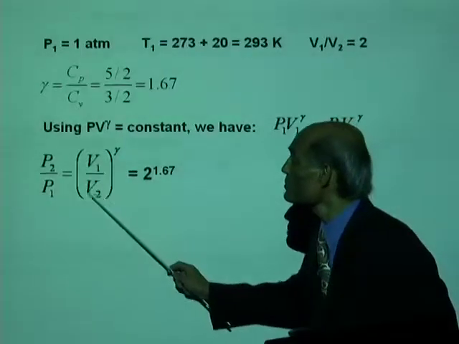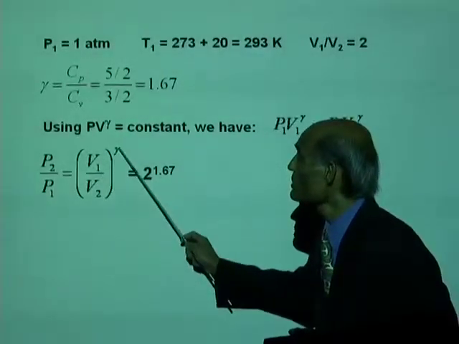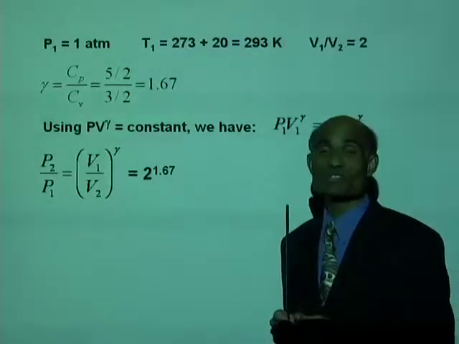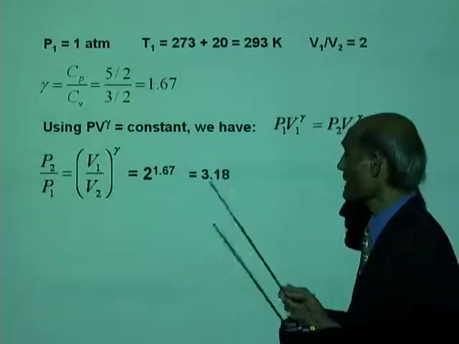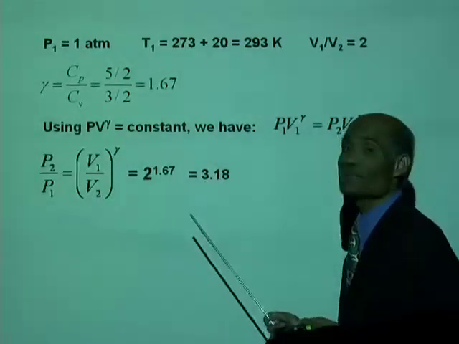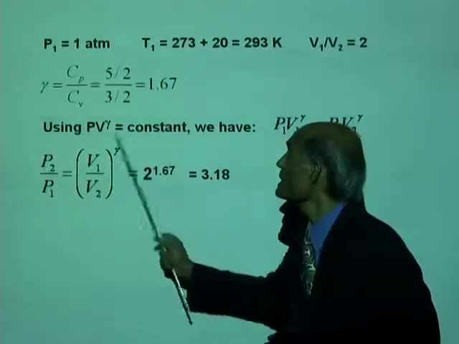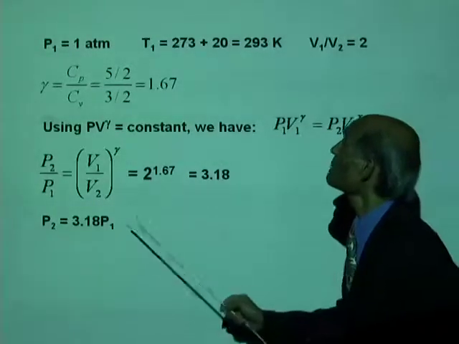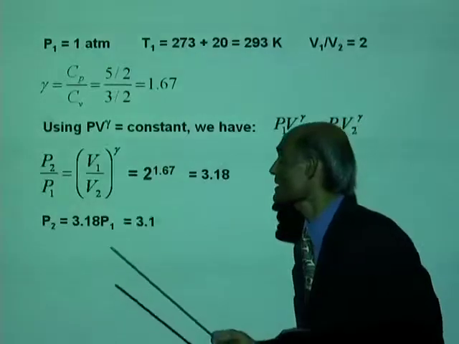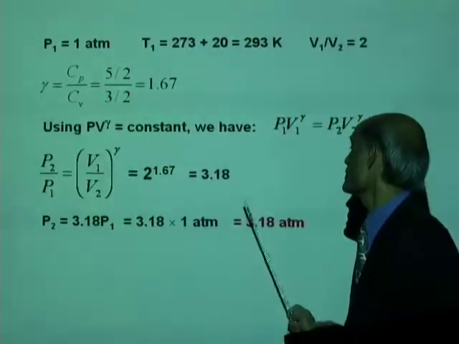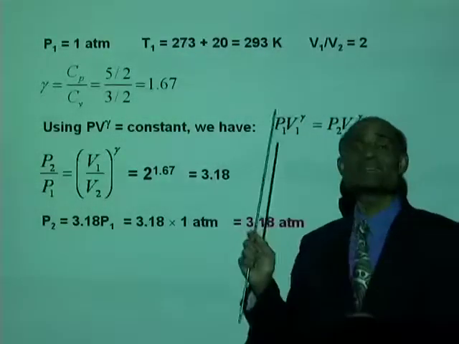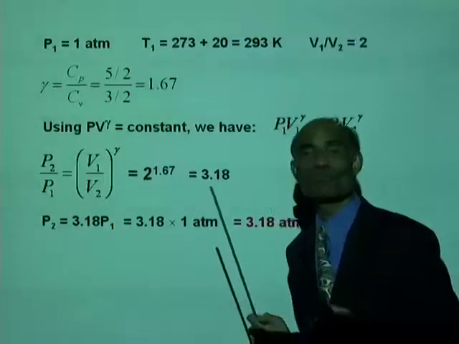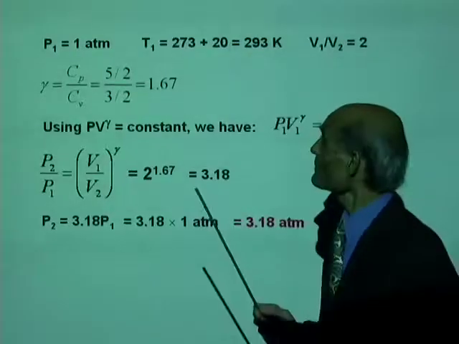So V1 over V2 is 2, and 2 to the power of gamma is 2 to the power of 1.67. Use a calculator for that, that is 3.18. Therefore P2 is 3.18 times P1, and P1 is 1 atmosphere, therefore P2 is 3.18 atmosphere. Okay, that's a very neat way to solve problems like this.